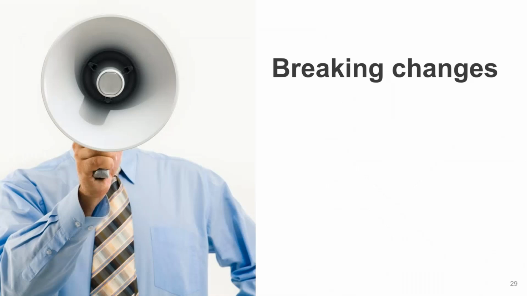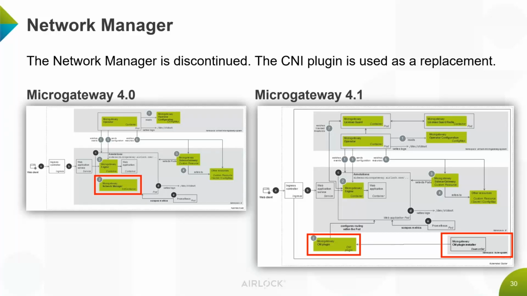There are a few breaking changes. One of them, which I assume is not bad for you, it is more desired, I assume. In 4.0, with the network manager running as init container, the pod required more privileges, as mentioned before.